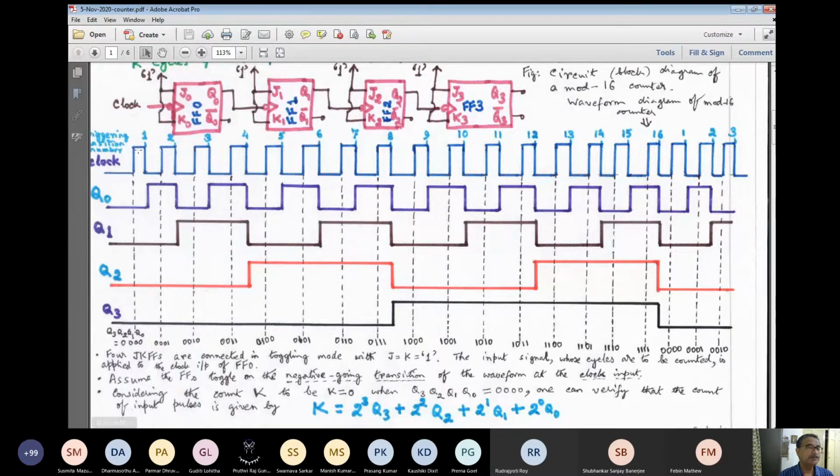So if you notice that the counting word, the state of the counter you read as a binary word, then the most significant bit position will be occupied by the state of the rightmost flip-flop. And the LSB stands for the leftmost flip-flop to which the primary clock is attached. This is for the asynchronous counter.